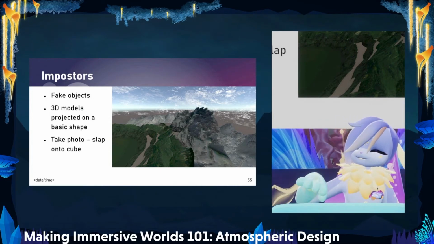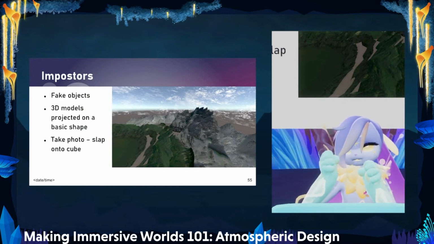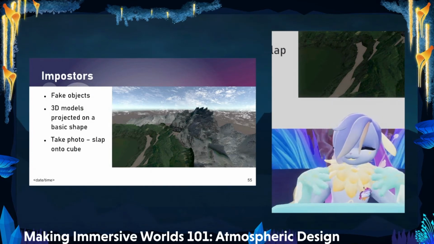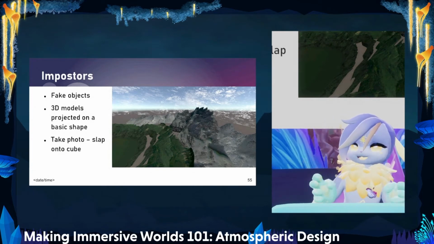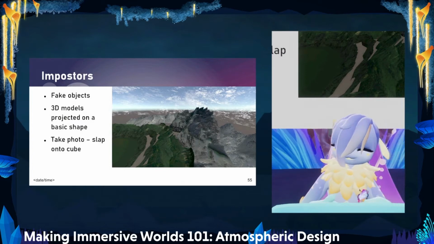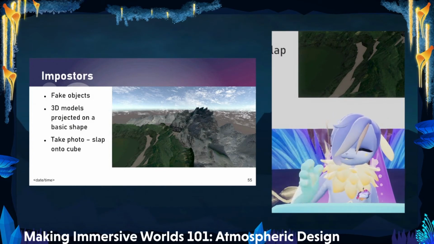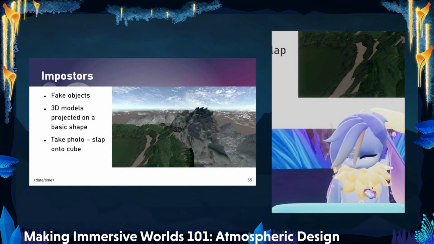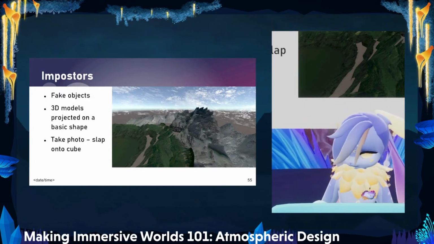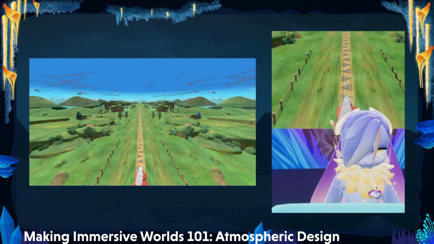I could take a picture of that, cut it out, put it in the background, and vaguely model their body. So it looks 3D, but it's actually not 3D. It's just one side. As we say, we just take a photo and slap it onto a cube. Well, it's not really a cube if you look over here. It's a nice little mountain over there.